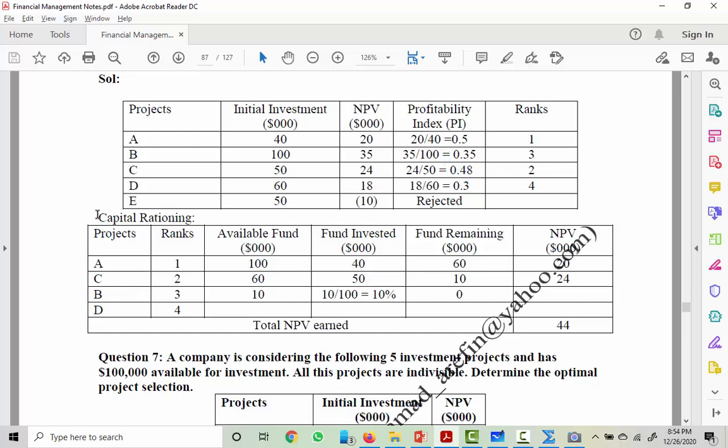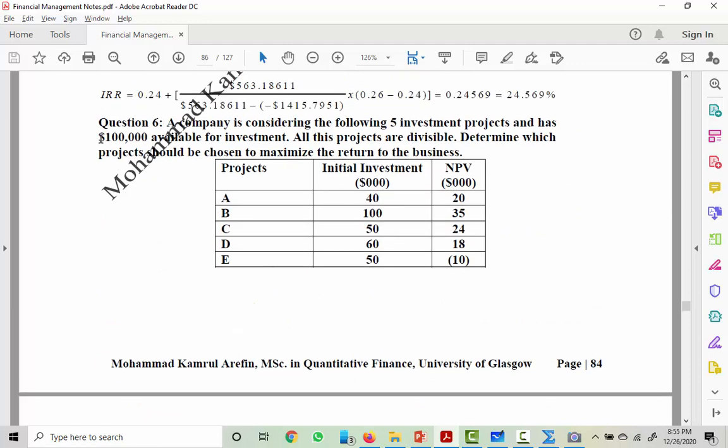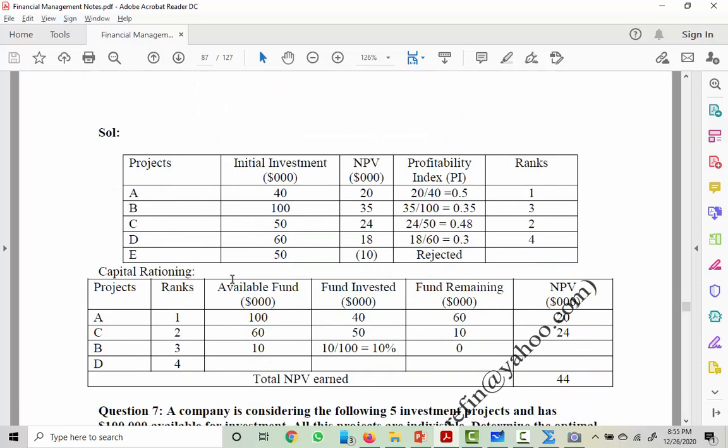So now we need to go for capital rationing. Project A is in the first rank. At the beginning we have $100,000 in our hand, because it said that you have only $100,000 available for investment.